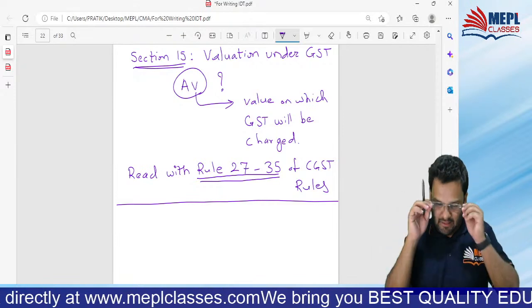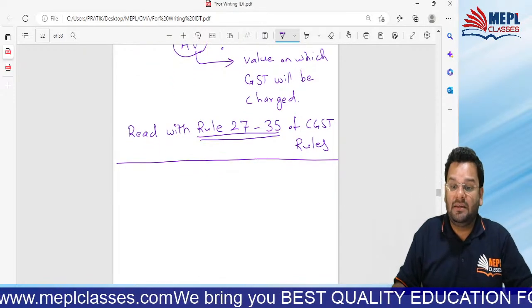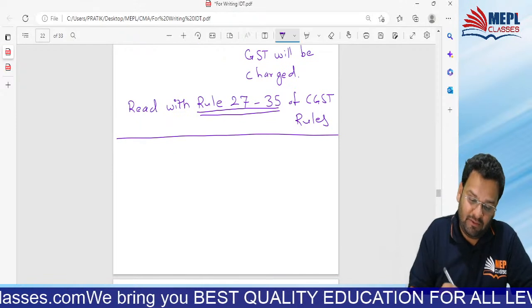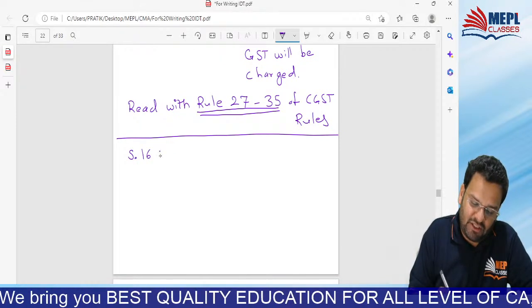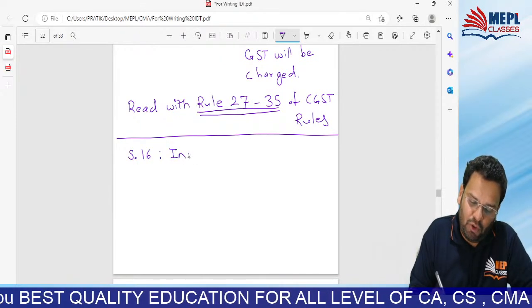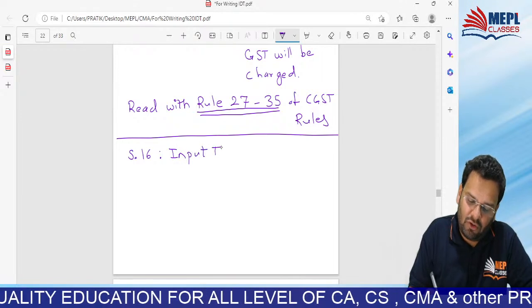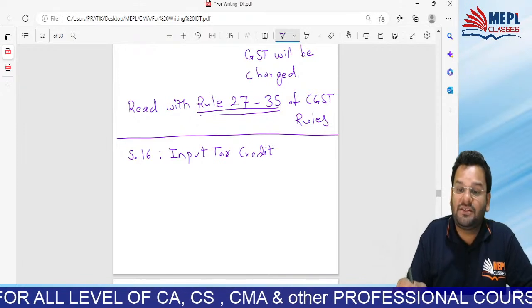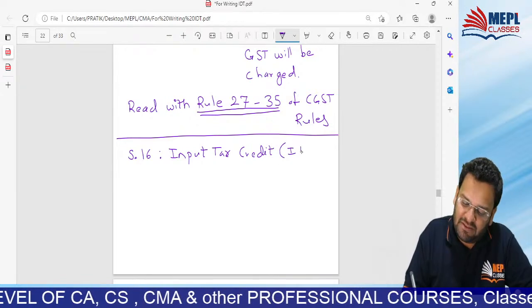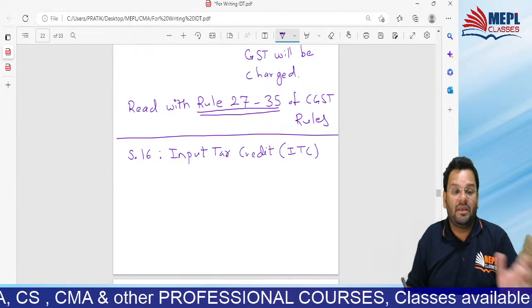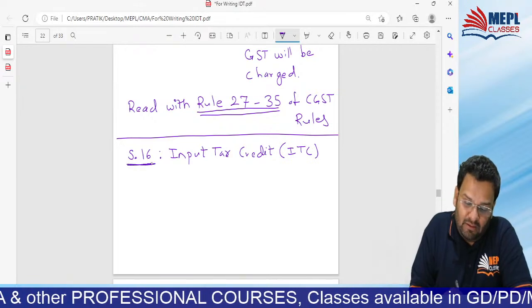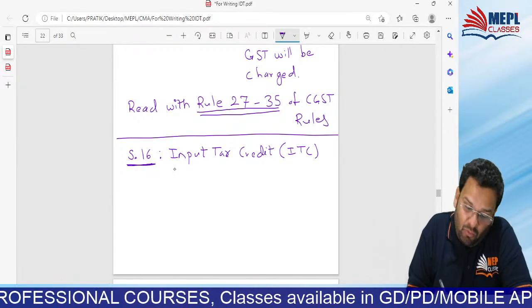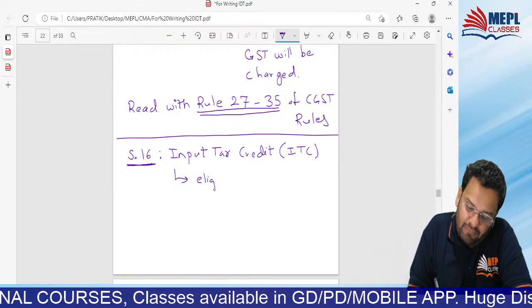Then section 16. Section 16 is input tax credit, we will call it ITC. We have seen yesterday the very basic concept of ITC. So what is its eligibility?